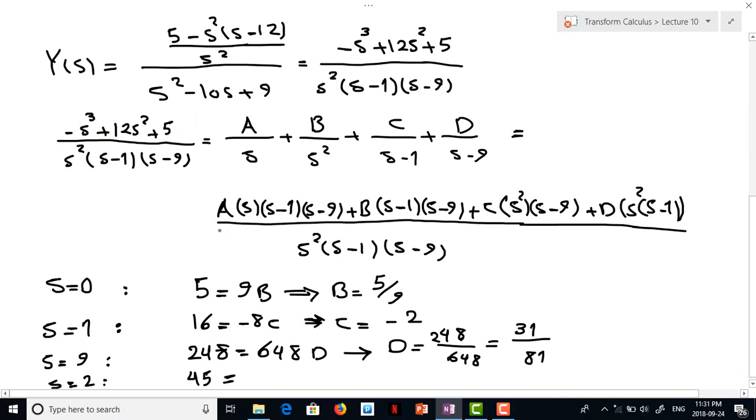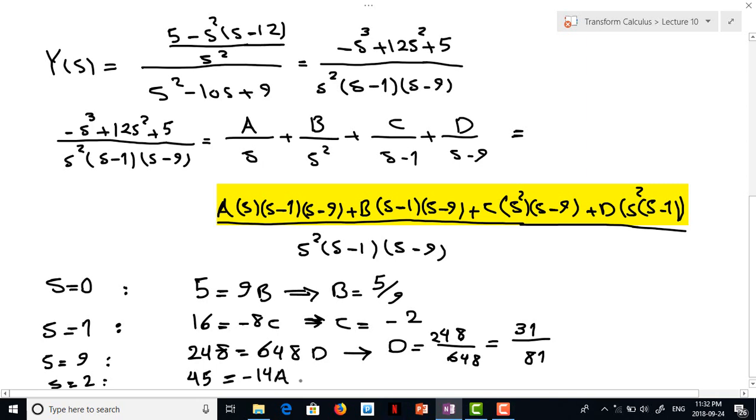On the right hand side of the equation, we have a times 2 times 1 times minus 7, so it's minus 14a.